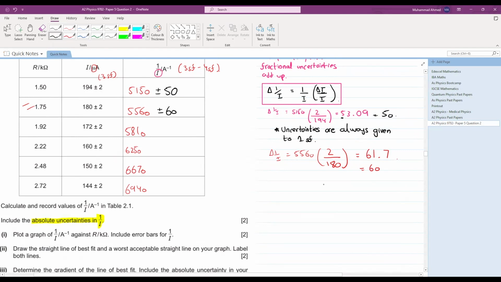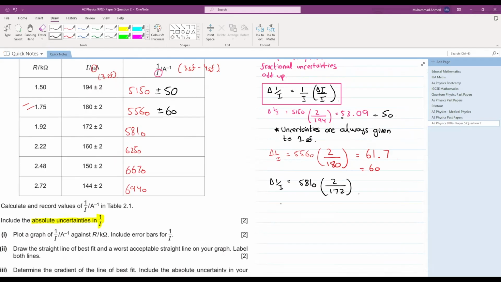Let's do it for the third row. Absolute uncertainty in 1 over I is equal to what? The actual value of 1 over I, 5810, multiplied by the absolute uncertainty in current divided by the actual value of current. Let's just change the values. 172 divided by 5810.